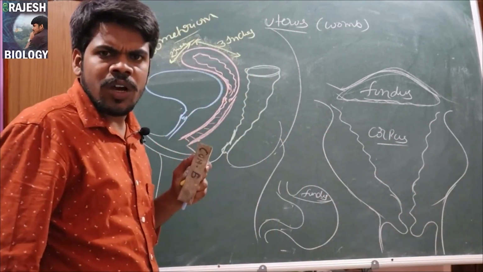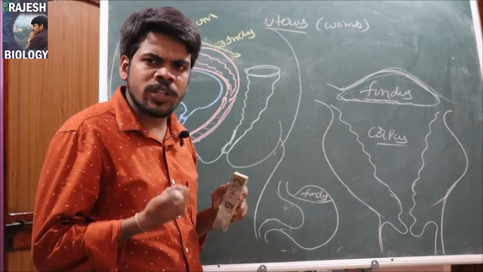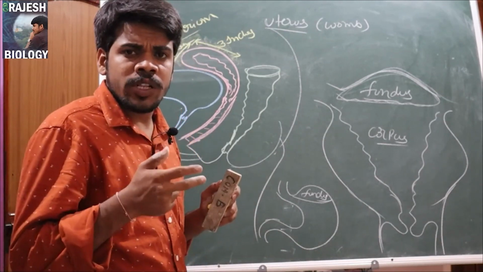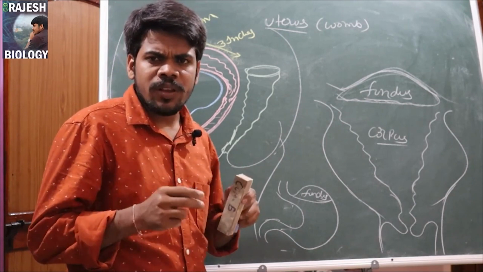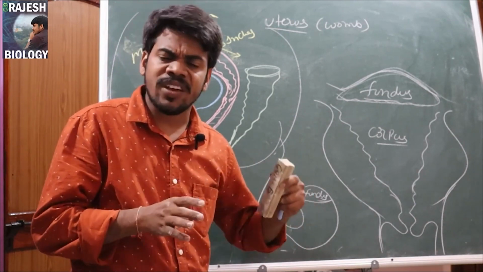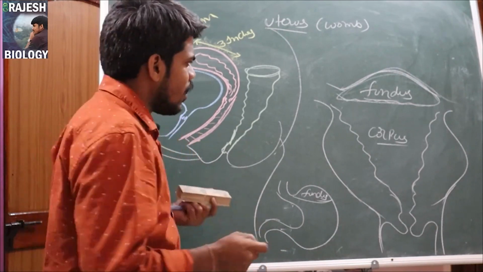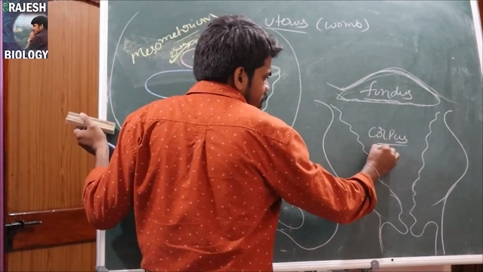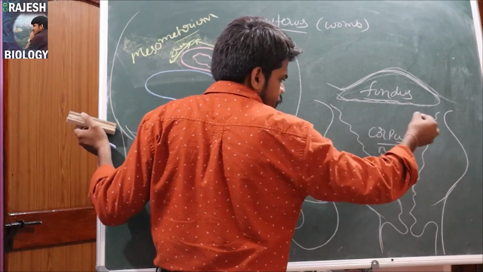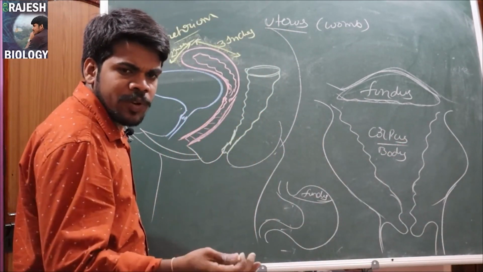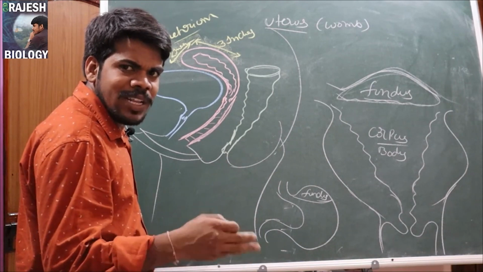Where do you find the word corpus? Corpus callosum, corpus spongiosum, corpora cavernosa, corpus luteum. Like this you may hear corpus everywhere. In medical terminology, corpus means body. Corpus luteum: corpus means body, luteum means yellow color.